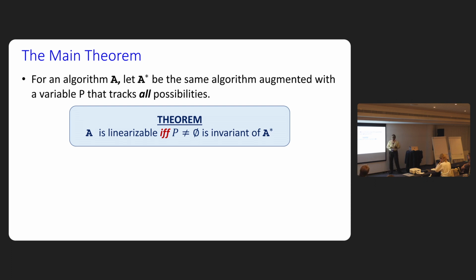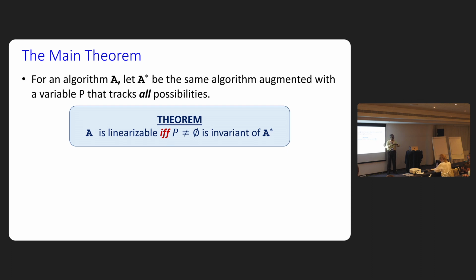Okay. So what does this mean? This means that if someone gives me an algorithm A, for example the Herlihy-Wing algorithm, and asks me, is this algorithm linearizable? Then what do I do? I instrument it with this new variable P and update it like I said, and consider that new algorithm A star.